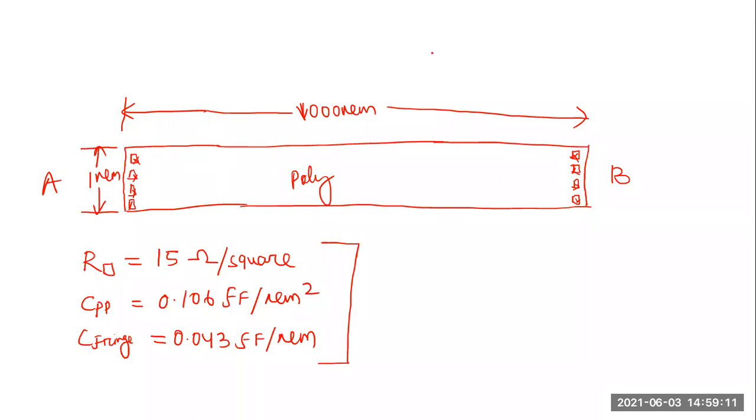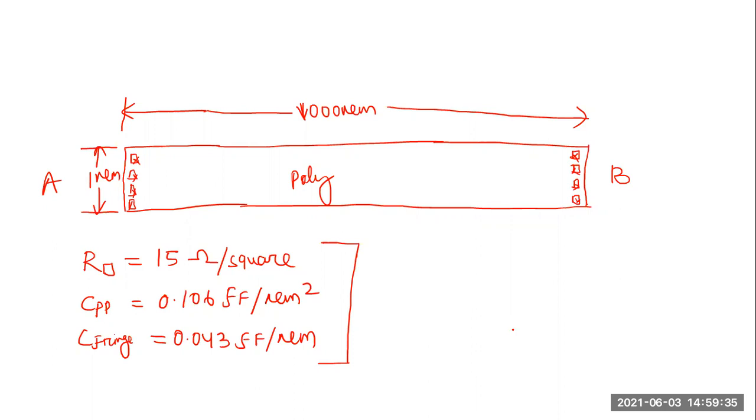Sir, there must be another capacitive plate or metal plate, right? For CPP or C fringe, within 2 plates we have to estimate. So here only one layer, so this layer to substrate you have to calculate. That is CPP.